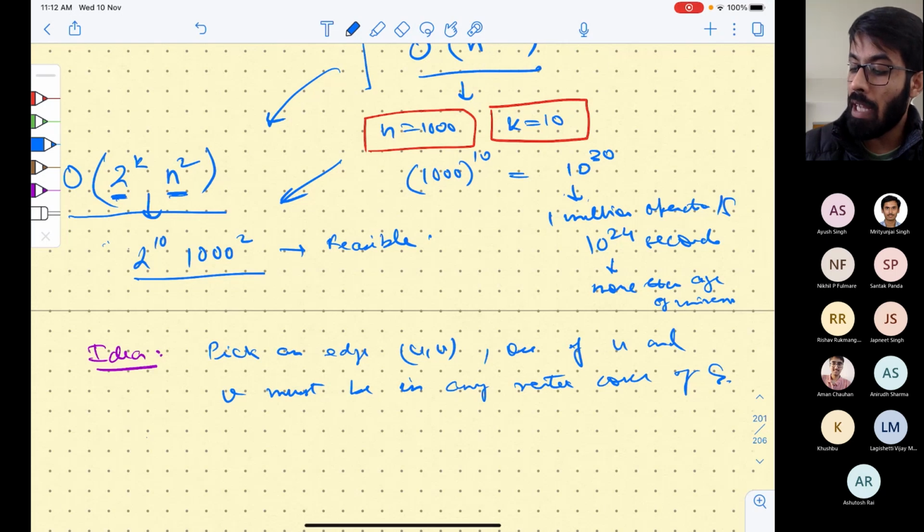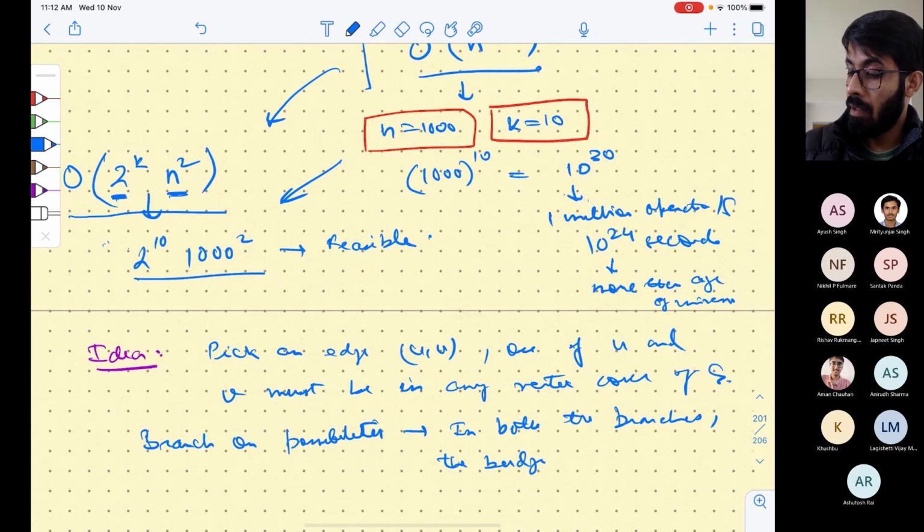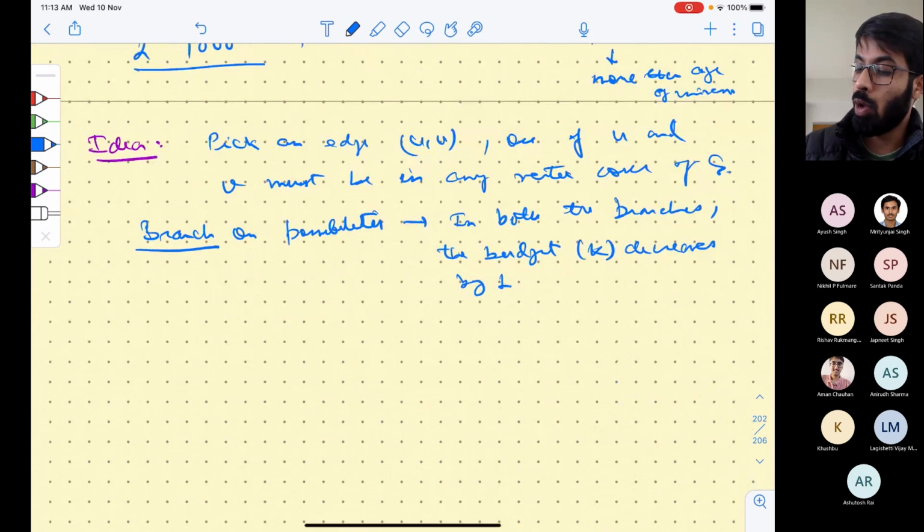So basically, we can do a branching algorithm, branching on the possibilities. And the main thing is that in both the branches, the budget, which is k, decreases by 1. Branching meaning we solve it recursively.